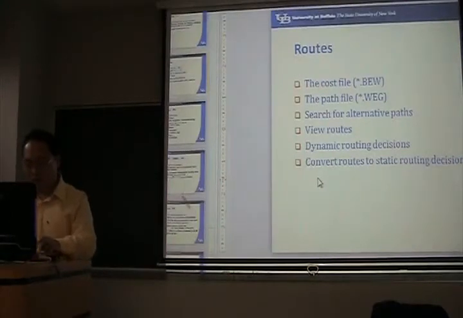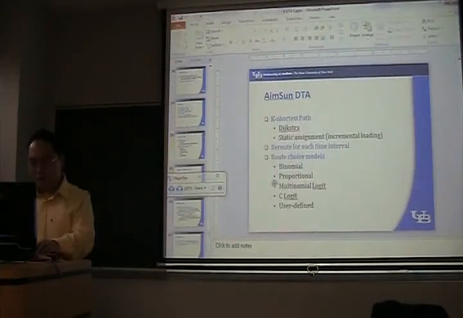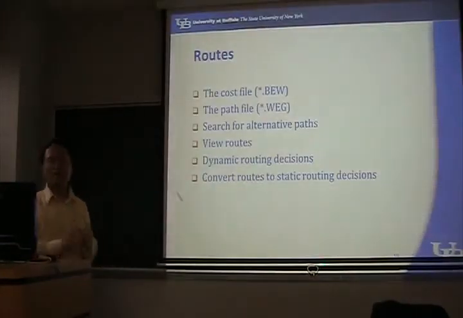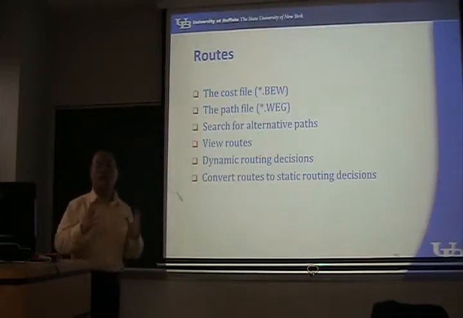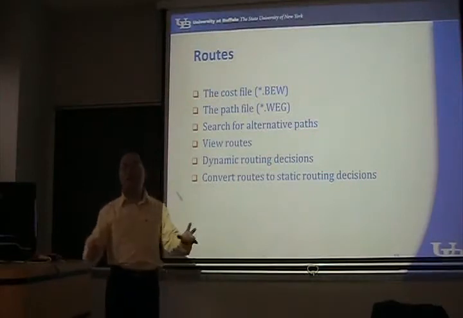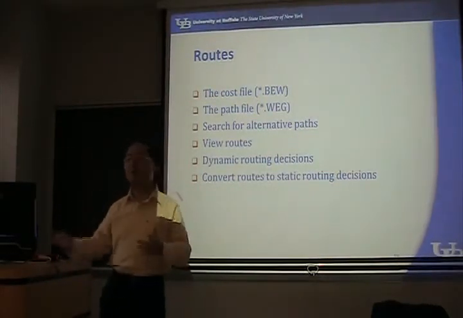And there are 2 things I want to talk about in this. The first thing is called dynamic routing decisions. In the first lecture about VSIM, I talked about these static routing decisions that you use for left turn, right turn movements.